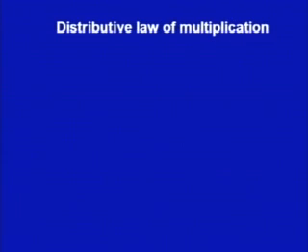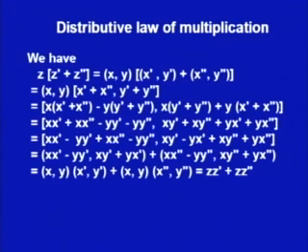So, we now take the distributive law of multiplication of complex numbers. If we have 3 numbers again, z, z' and z'', then we start with z (z' plus z''). So, we write (x, y), that is x plus i y, for z, (x', y'), that is x' plus i y', for z', plus (x'', y''), that is x'' plus i y'', for z''.